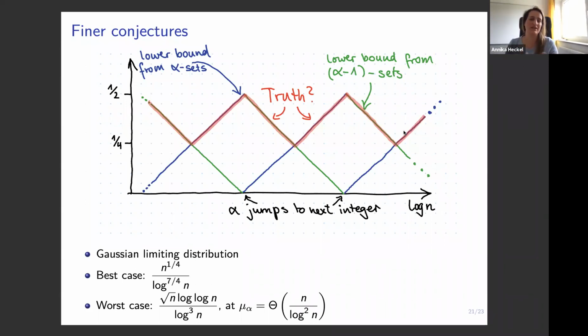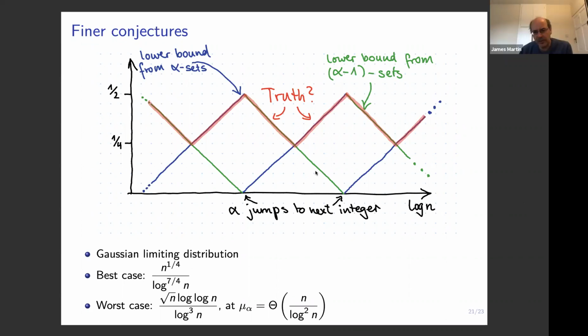At this point, we can't actually realize the average color class size which is close to the point where the expected number of colorings first starts tending to 1, because that point is so close to the number of alpha sets that we don't have enough sets of size alpha and alpha minus 1 to make it come out at this average color class size. It's kind of hard to explain this without drawing anything.